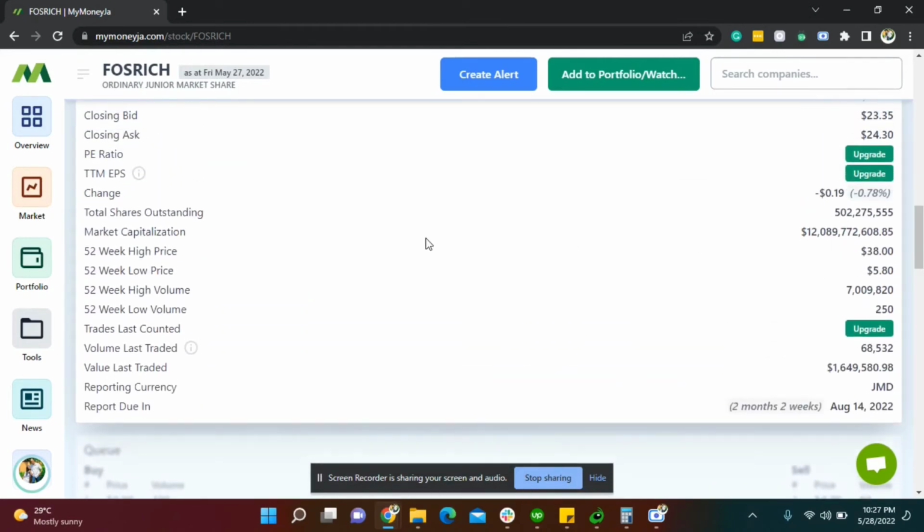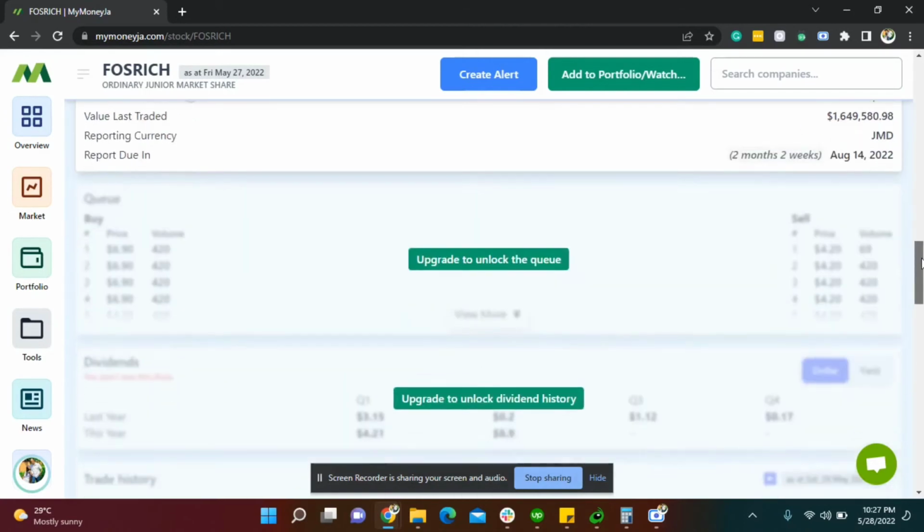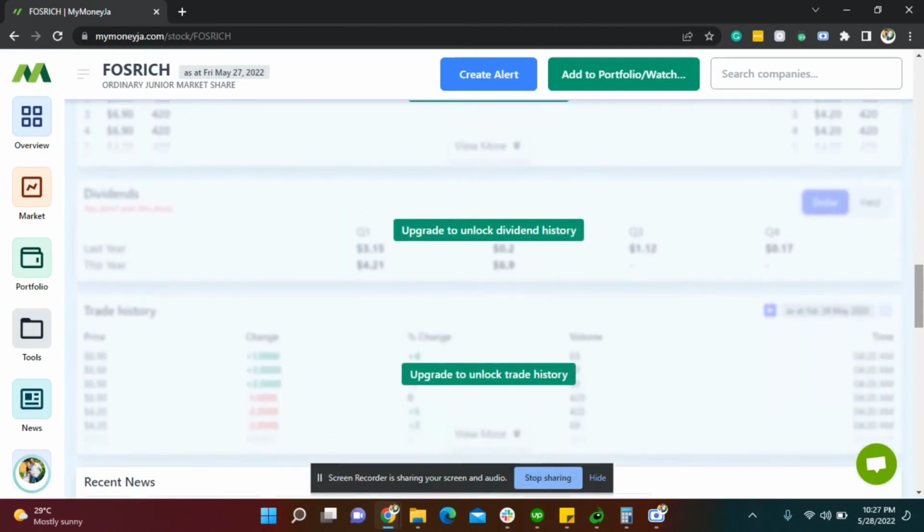And here you go. This shows you the PE ratio. It's not there. Okay, they're going to upgrade that. And the 52-week high price. So it went as high as $38 there, right? As you can see. So we scroll down as well.